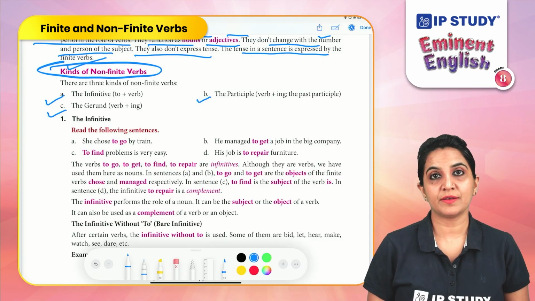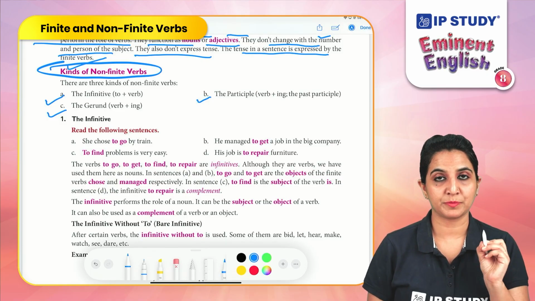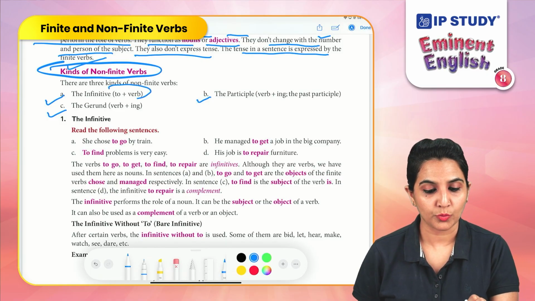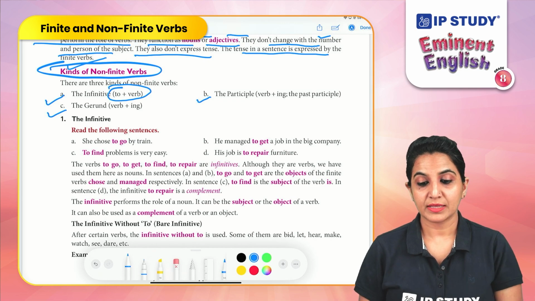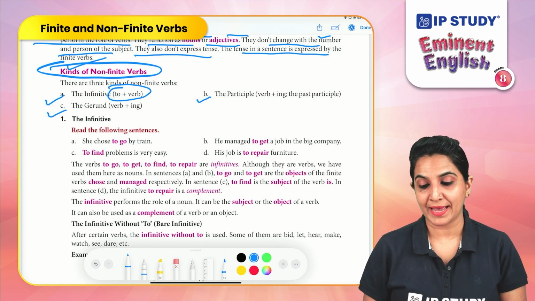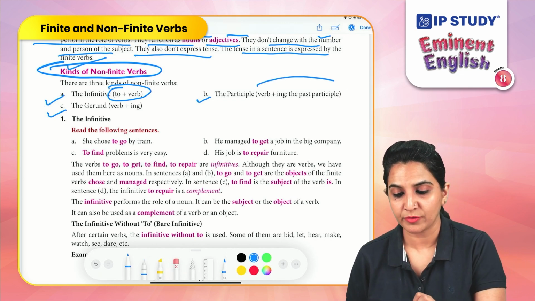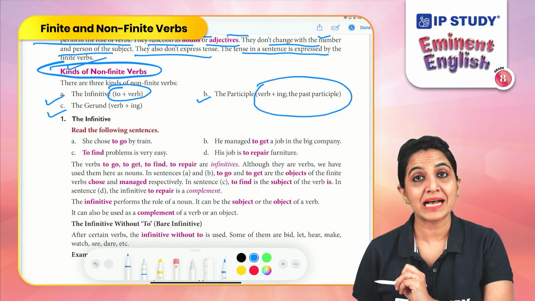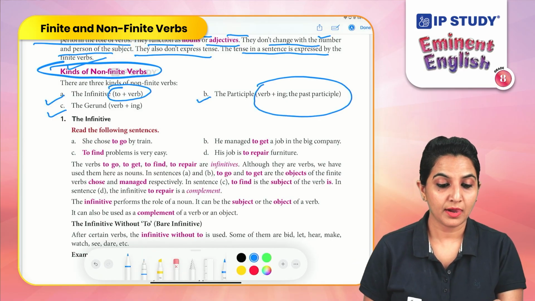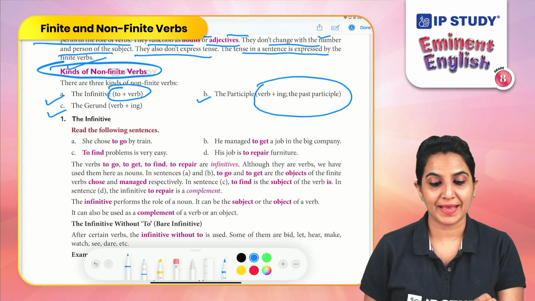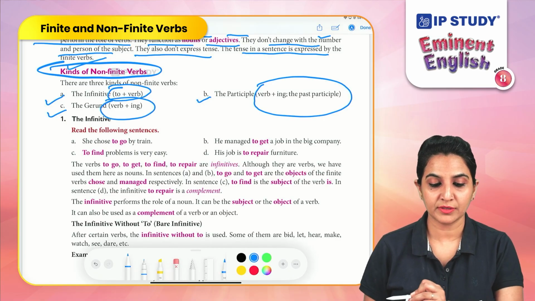The infinitives are those verbs which are formed by adding to with the base verb. The participles are formed by adding the ing form of the verb and the past participle. The gerund is formed by adding the ing form of the verb.